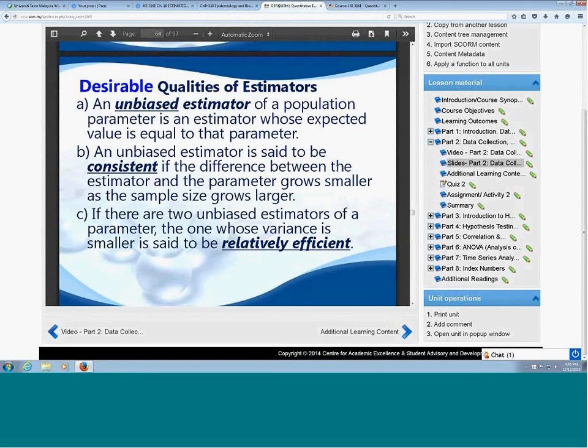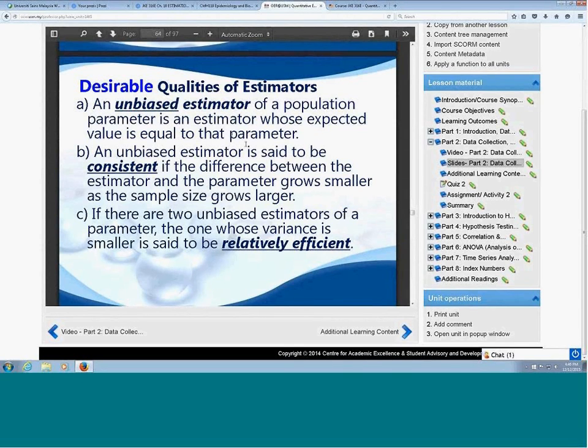An unbiased estimator of a population parameter is an estimator whose expected value is equal to that parameter. In mathematical form, you will write E of mu equals mu. That means E refers to the expected value of the mean, which is equal to that mean. So it's true, it's unbiased.